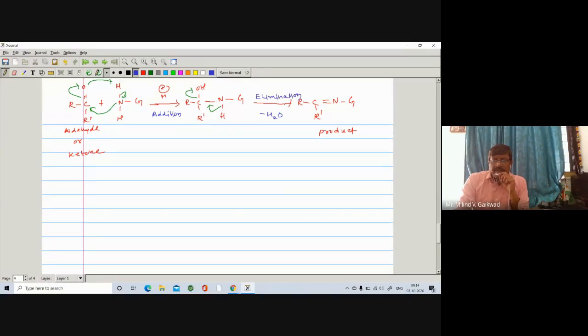It is also called an addition-elimination mechanism or reaction.